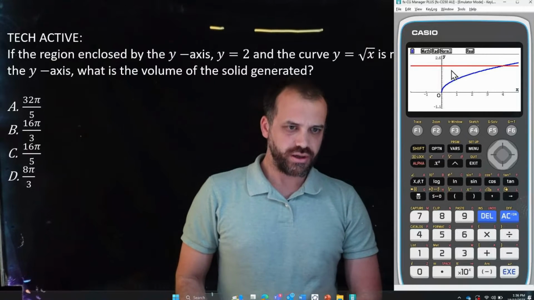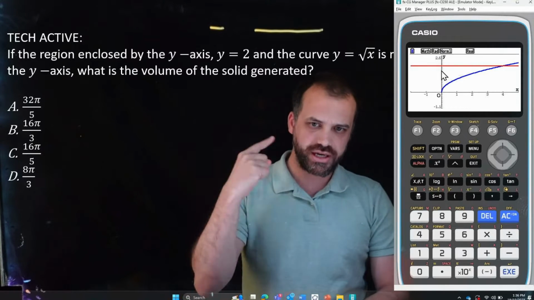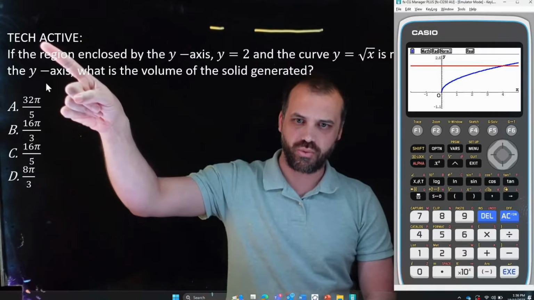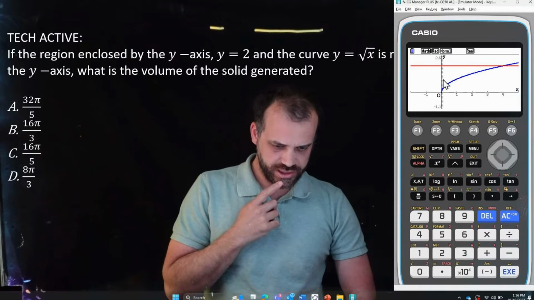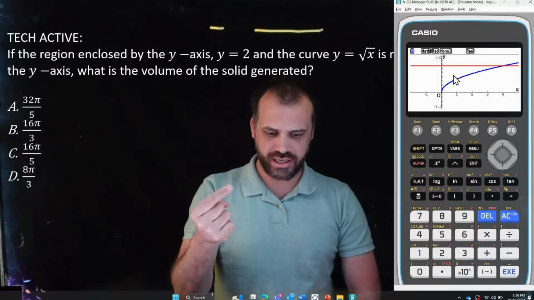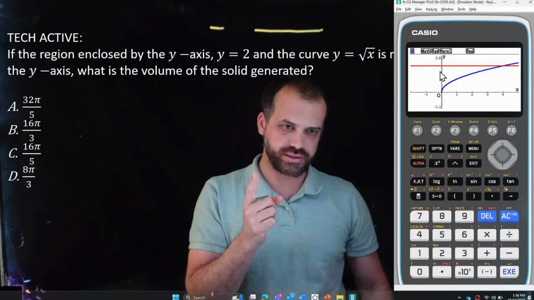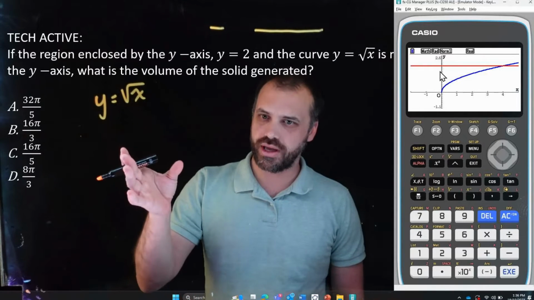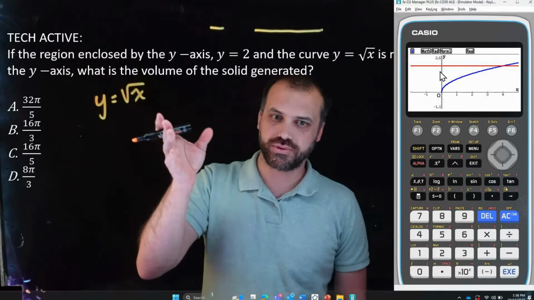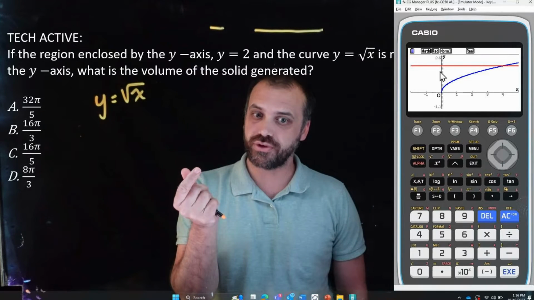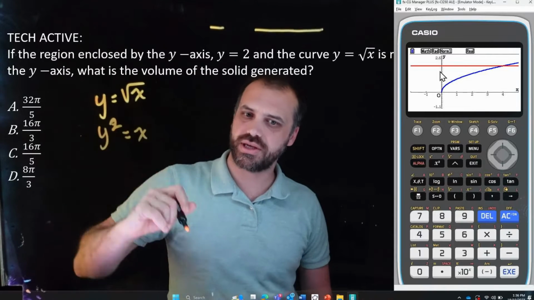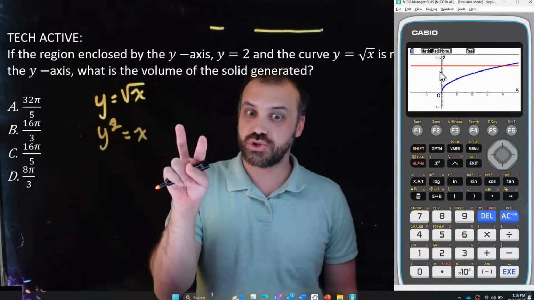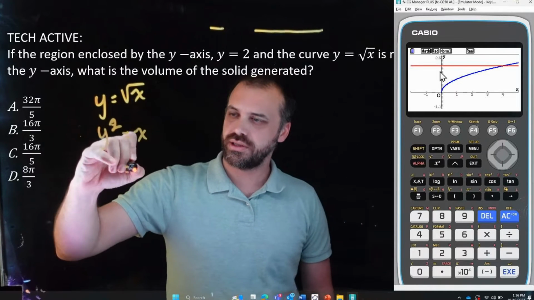Okay, and then it says we're rotating this around the y-axis. So that means we're taking this region here and rotating it around the y-axis. Now when you're rotating around the y-axis, it can't be a function y equals root x. You've got to find the inverse of that. So y squared equals x, and then I'm just going to swap my x's and y's.